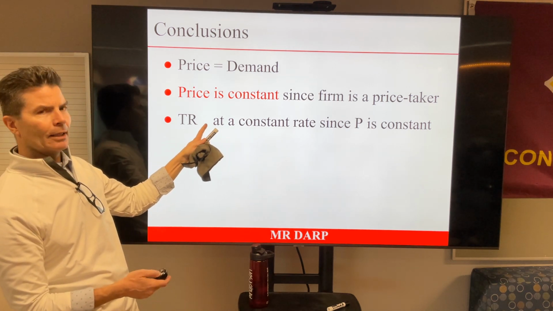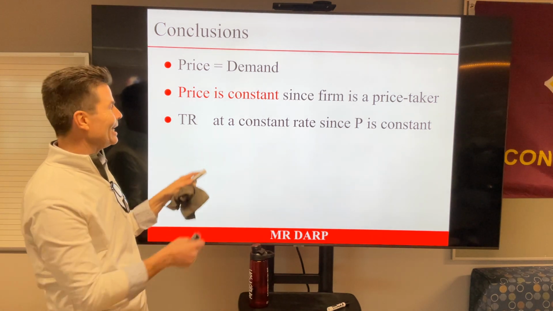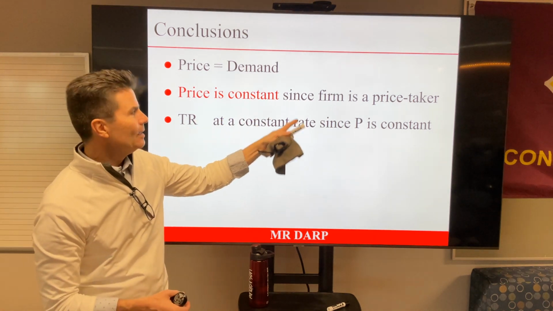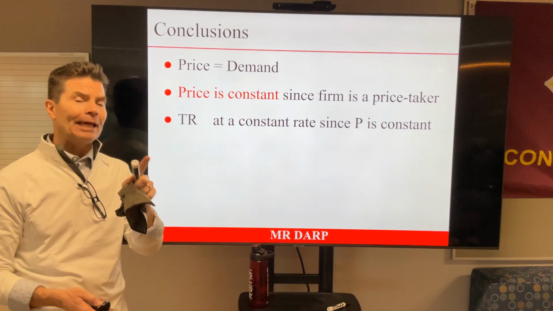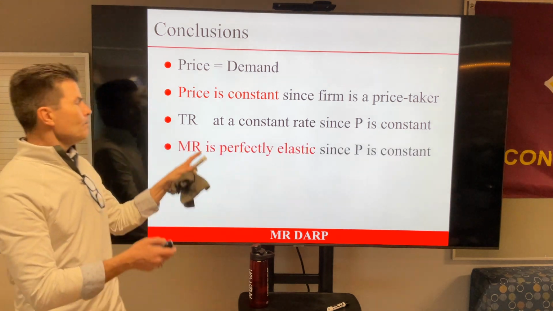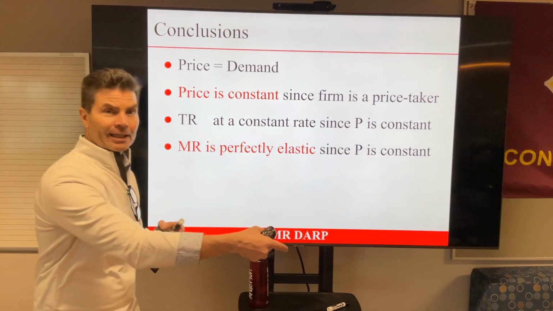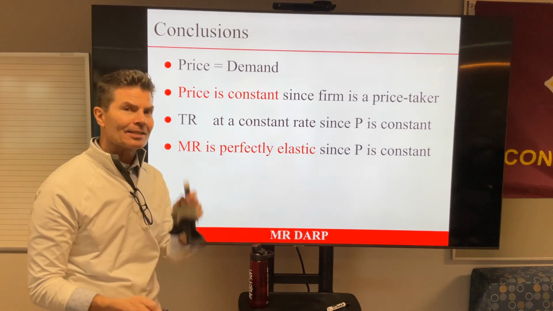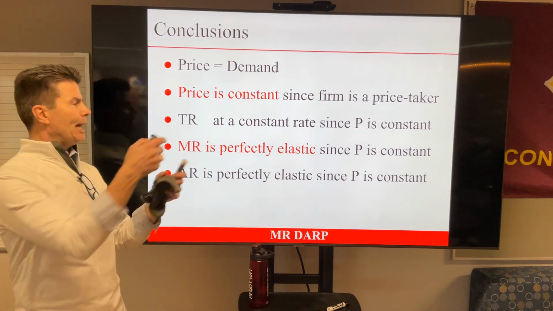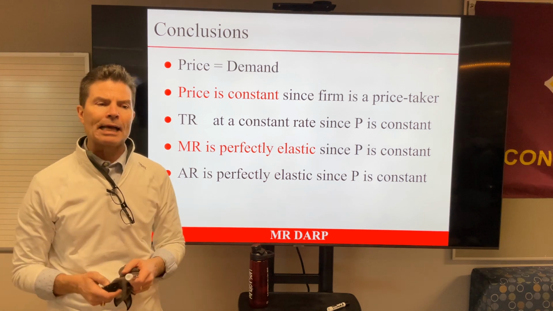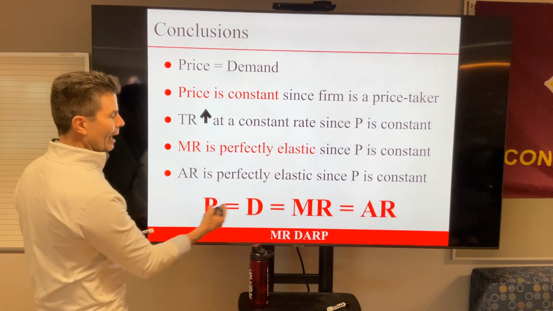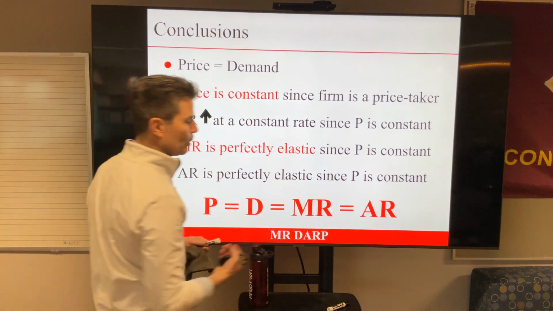Total revenue is increasing at a constant rate since price is constant and the marginal revenue is constant. My marginal revenue is perfectly elastic because the revenue changes by the same exact price every single time. And my average revenue is perfectly elastic since your price is constant. So in the end, price equals demand, that equals MR, that equals AR.